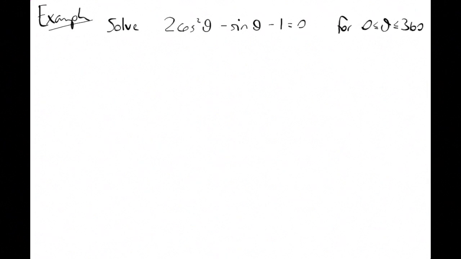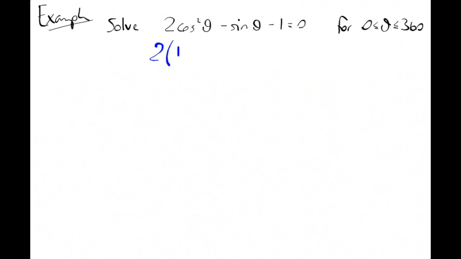Another example here, a little bit more quadratic trig, but we've got cos squared and a sine. There's no way I can factorise that as it stands, so I'm going to have to change either the cos squared or the sine. I don't have any good way of changing the sine, but I can change the cos squared into something with sine squared in it. Our original identity says sine squared plus cos squared equals 1.